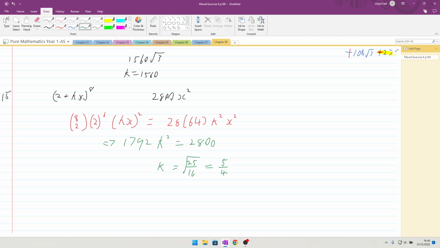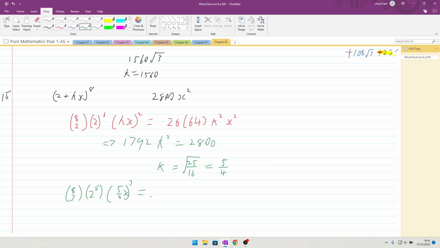Use your value of k to find the coefficient of x to the power 3 in the expansion. Okay, so if we know that, we can do 8C3. We can do 2 to the power 5. And we can do 5 over 4 x cubed for the coefficient of the x cubed.